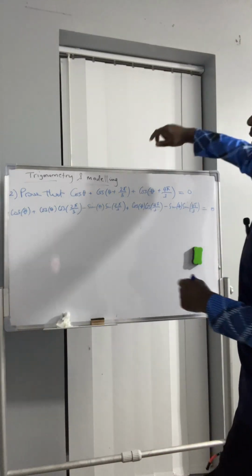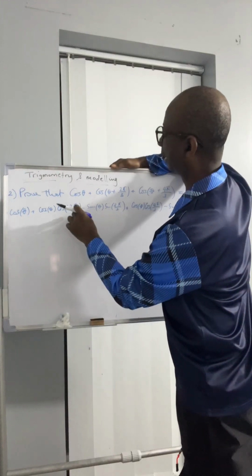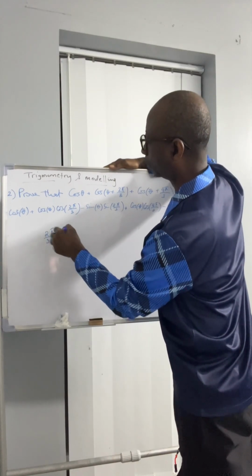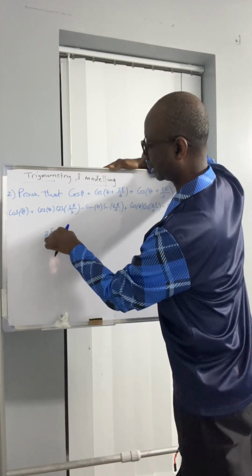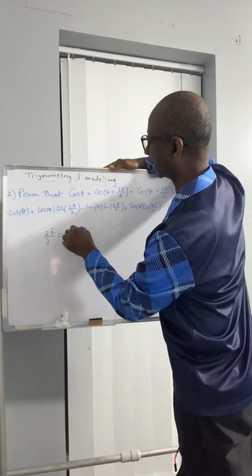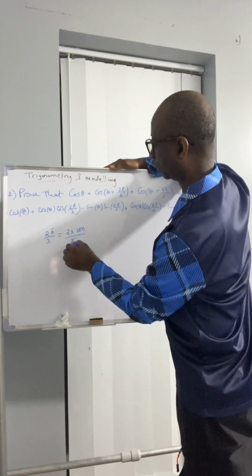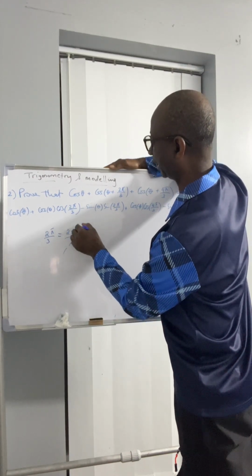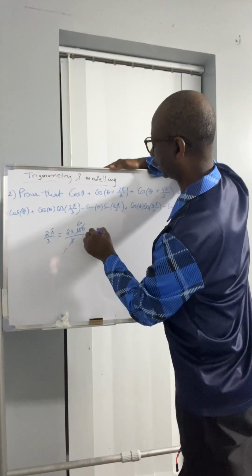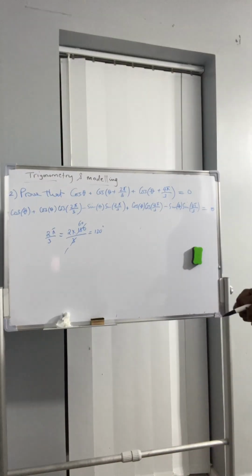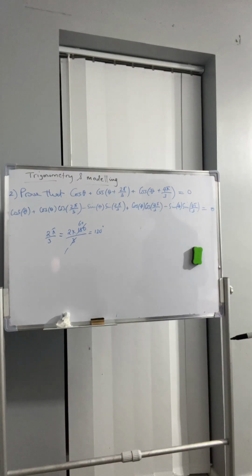So if you have 2 pi all over 3, you know pi is 180. So you're having 2 times 180 divided by 3. So 3 goes into 180, 60 times. So this is 120 degrees. 2 pi over 3 is 120 degrees.